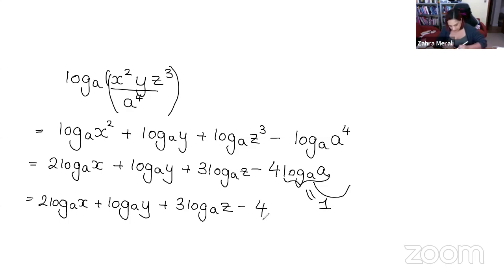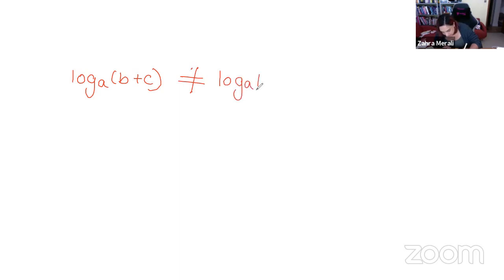Right. I'm always worried about doing the next bit because I'm worried that by telling you what not to do, you might do it, but this is something you cannot do. Do not make this mistake. Bear in mind, log a of b plus c is not under any circumstances the same as log a b plus log a c.